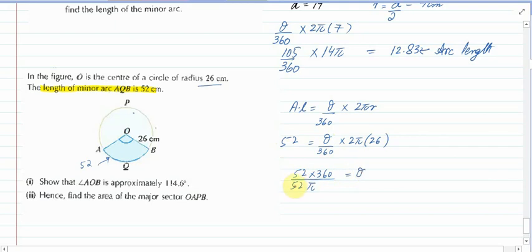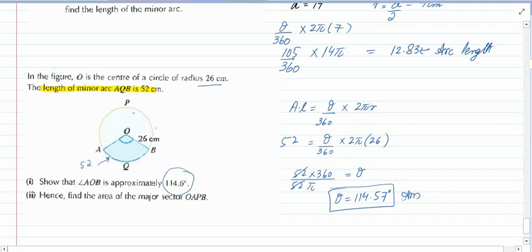So 52 and 52 cancel each other. So 360 divided by pi, it's 114.57. Whatever your answer is, you need to write it down. Don't just copy paste this answer, right? So whatever your answer is, you need to write it down.